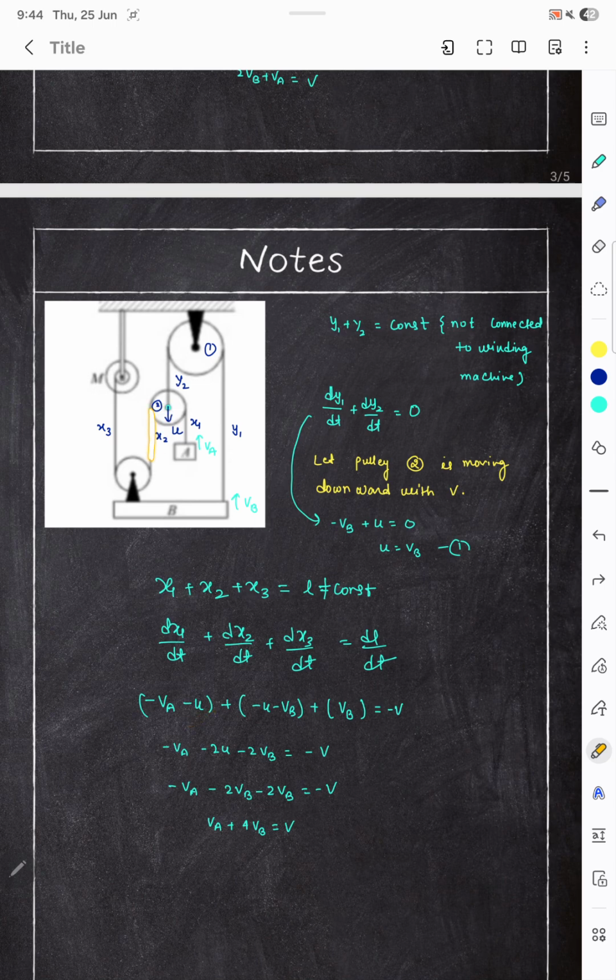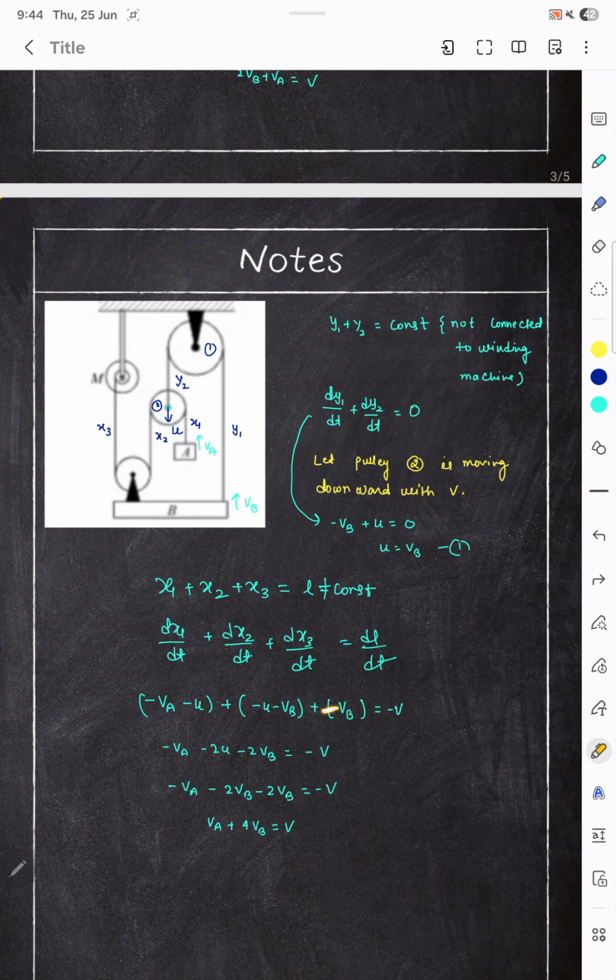In the case of x2, this point is fixed. This point is moving upward with velocity vb, which will decrease x2, that's why it is minus vb. And this is moving downward, and this is also minus u, because this will try to decrease x2. And now the last one, this point is moving upward with vb, which will decrease x3, that's why it is considered as minus vb.